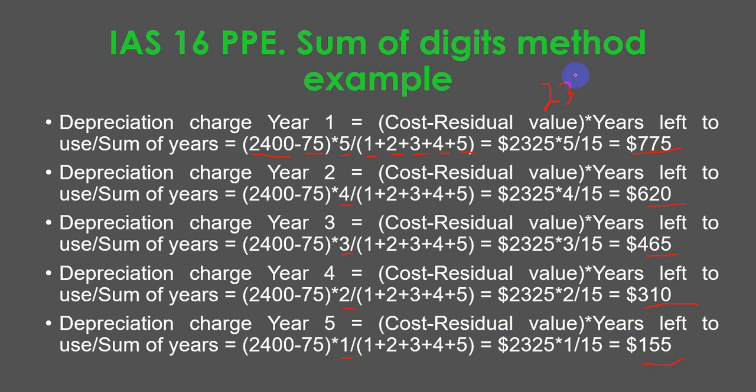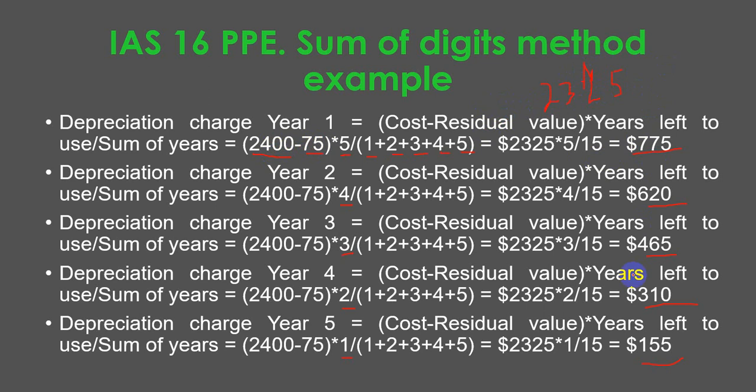A little bit ugly, I'm sorry for this, but just to show, if you sum up all this stuff, it gives you 2,325, and it means that we have calculated everything correctly, because the residual value equals 75, so 2,400 minus 75, that's 2,325.